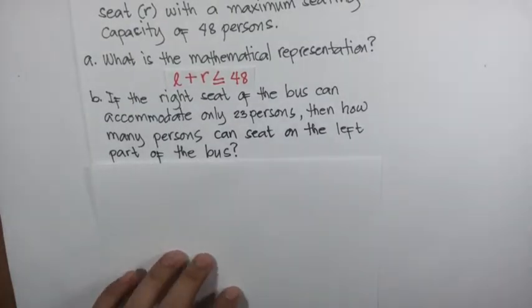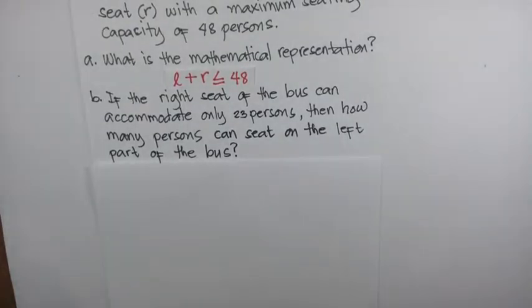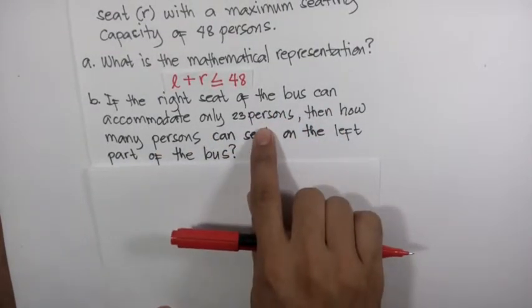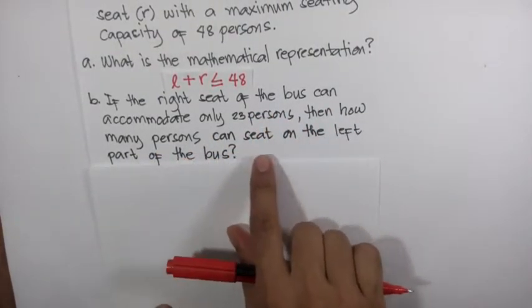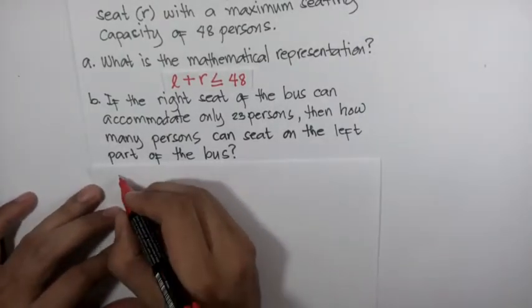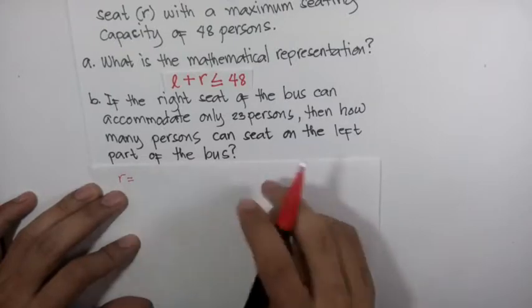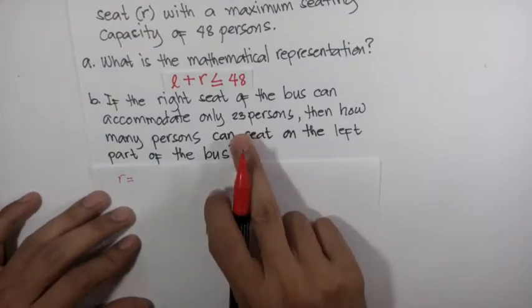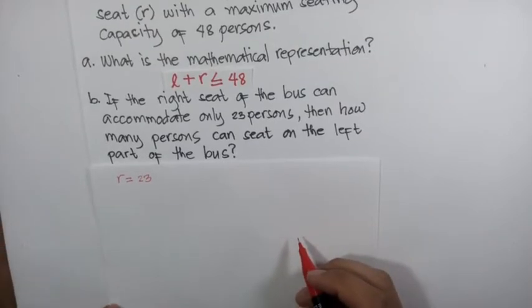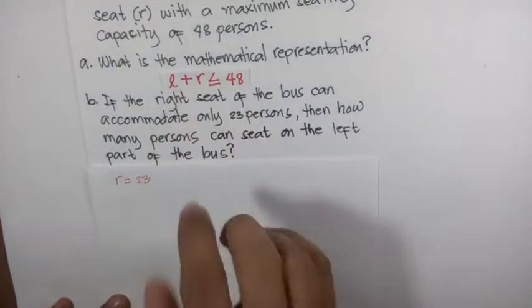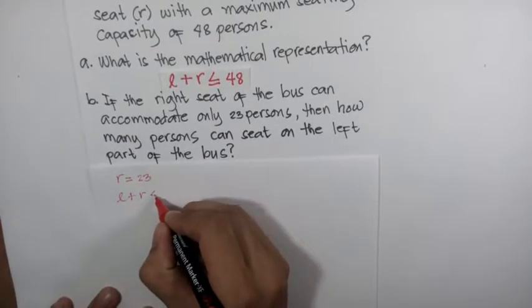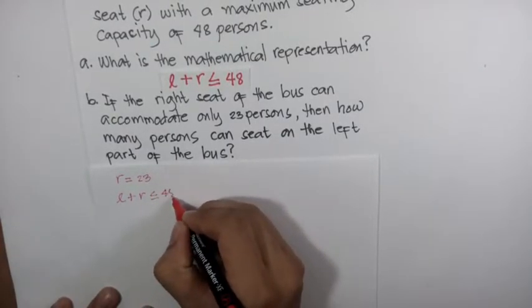Now letter B here: if the right seat of the bus can accommodate only 23 persons, then how many persons can sit on the left part of the bus? So the right seat R equals 23. Let's recall the inequality that we have: L, left seat, plus the right seat is less than or equal to 48.